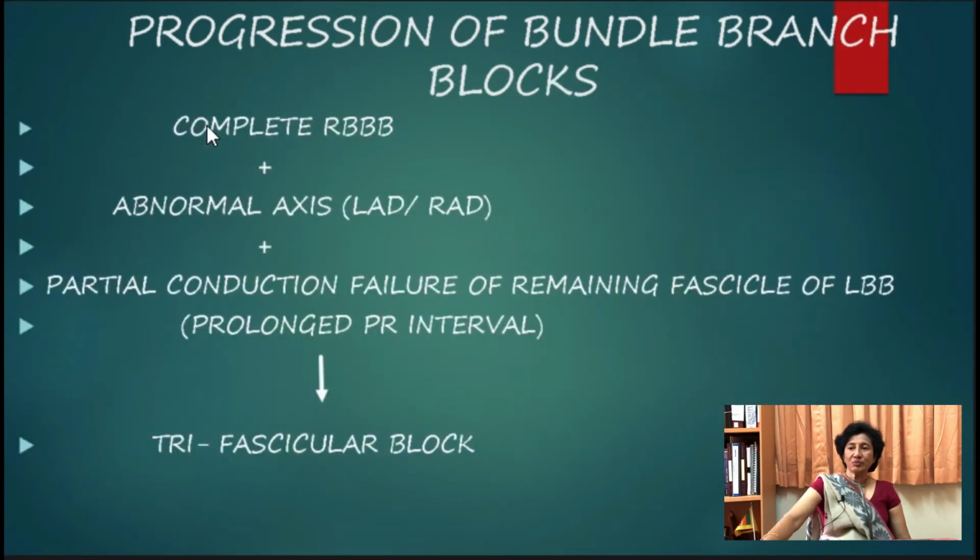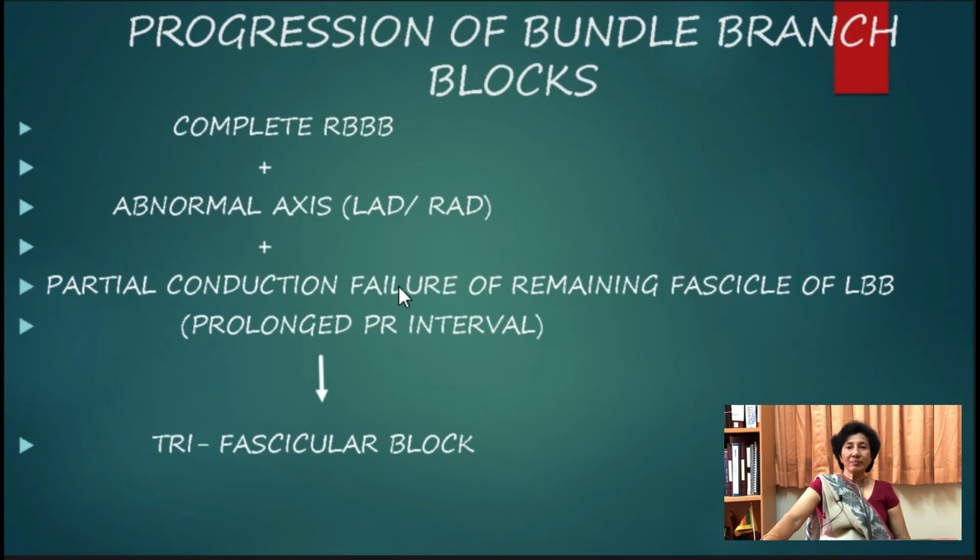When the disease process progresses, the disease process can be either degeneration or it could even be an ischemic condition, ischemia of the septum and bundle branches. There is complete right bundle branch block. One of the fascicles of the left bundle is also in total conduction failure. In addition to that, the remaining fascicle of the left bundle branch is in partial conduction failure. What happened to the speed of conduction?